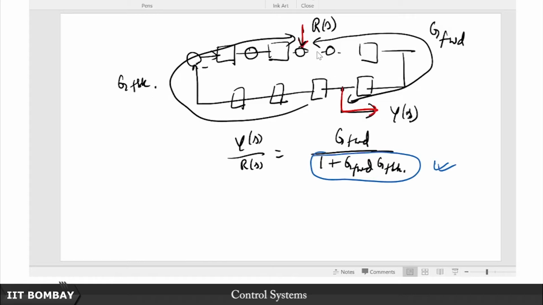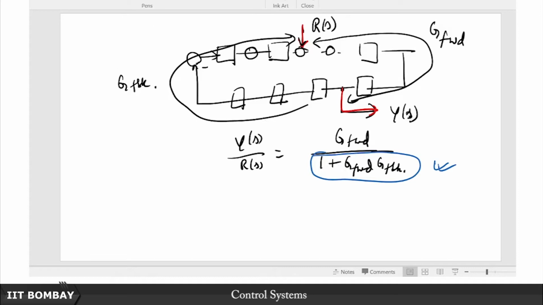In that case you partition this loop into two parts, one part being G forward, the other part being G feedback, right, and in that case the transfer function corresponding to that input output pair can be very conveniently written as G forward divided by 1 plus G forward times G feedback, all this under the assumption that it is a negative feedback, that is what causes this positive sign here.